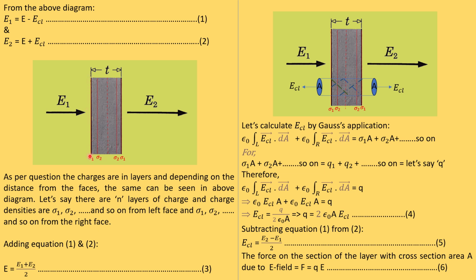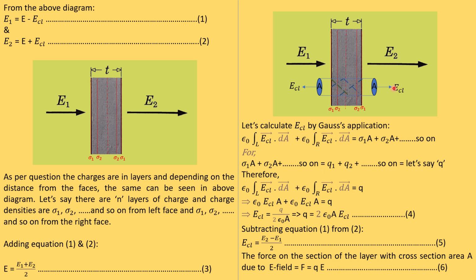So one face is this, one face is this. So if sigma 1 is the charge density on this layer, sigma 1 will be the charge density on this as well. On the second layer, if it is sigma 2, sigma 2 on the second layer from this side will also be like this, and it will keep on going, and the entire charge configuration is obtained.